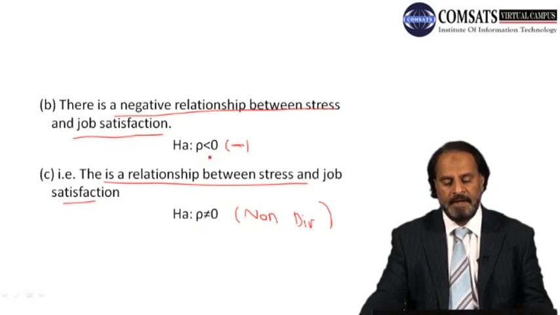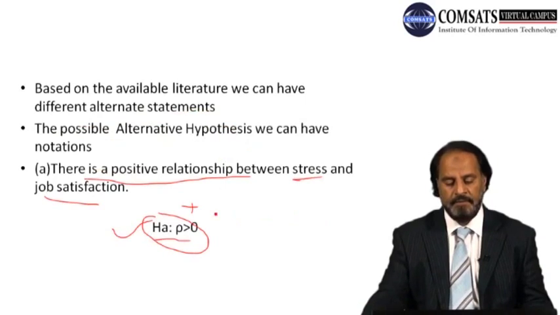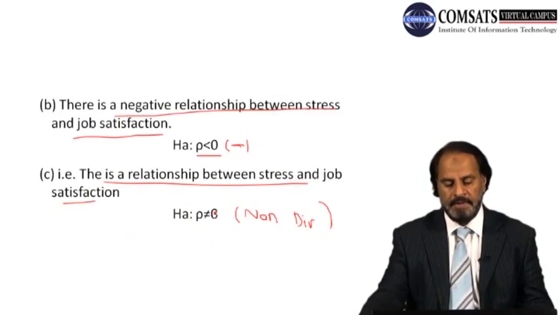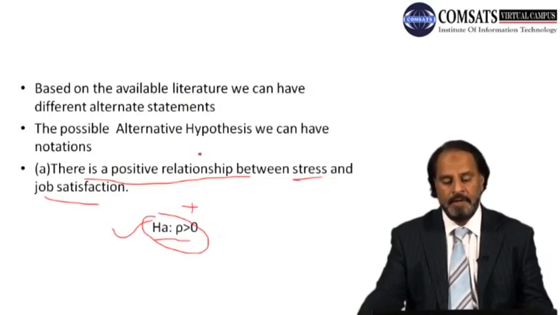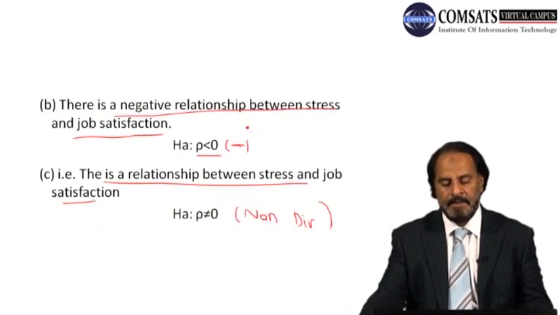In case it's negative, this is the symbol you use. In case it's positive, this is the symbol you use. So you use rho greater than 0 or rho less than 0, indicating a positive relationship or a negative relationship.